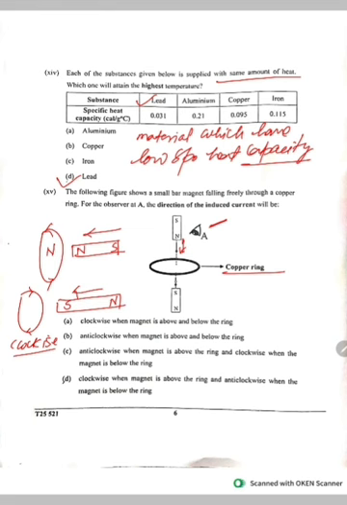Now in the second case, when the magnet comes down through this copper ring, the south pole is going away from the copper ring, so again the copper ring has to oppose the motion of this magnet. When the magnet is below the copper ring, it acts as a north pole, again to oppose the motion of the magnet, because it will attract the south pole.